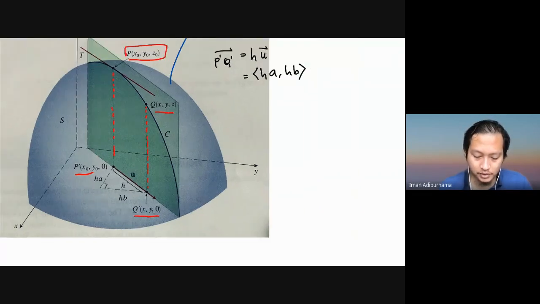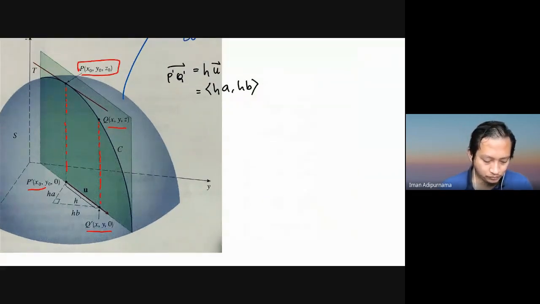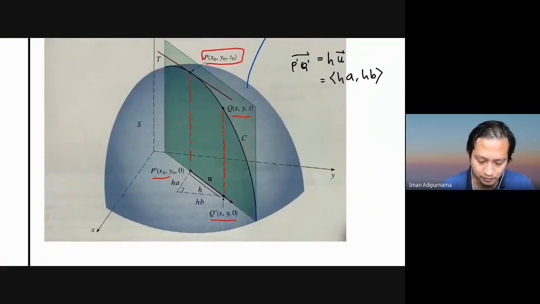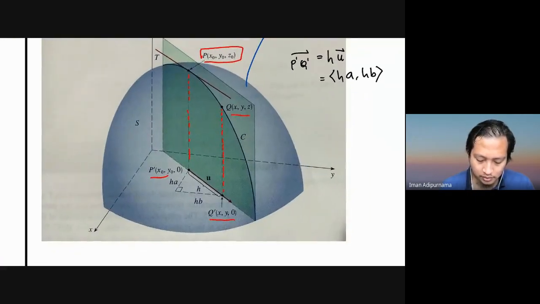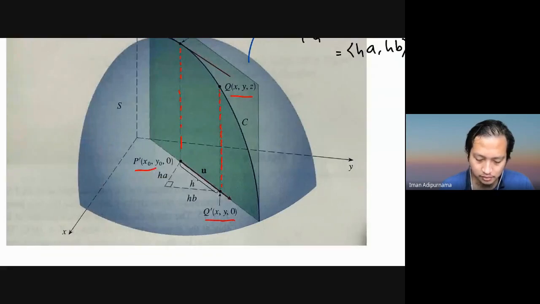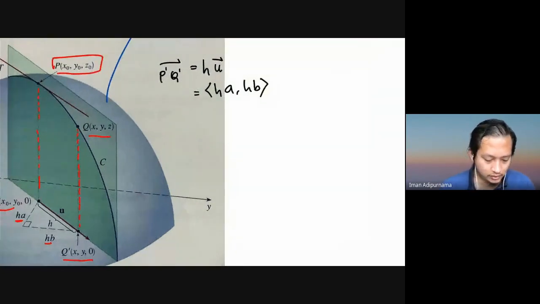So we have this, and we can make up the axis. For the x it is HA, for y it is HB. So actually we can write x minus x0 is HA and y minus y0 is HB.